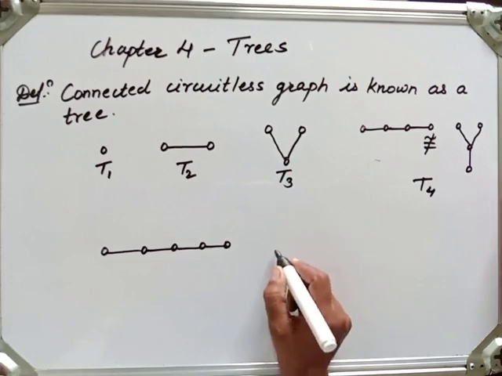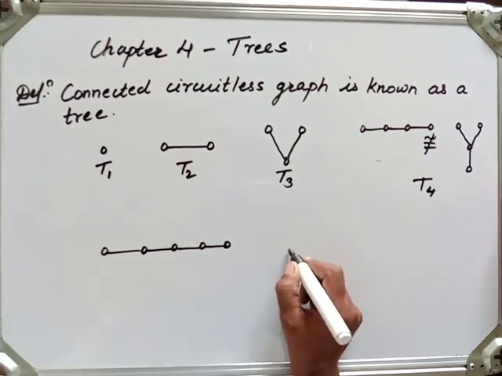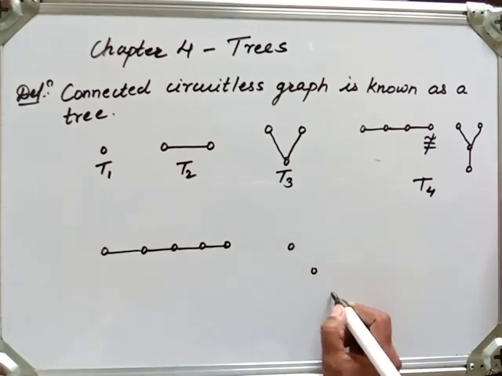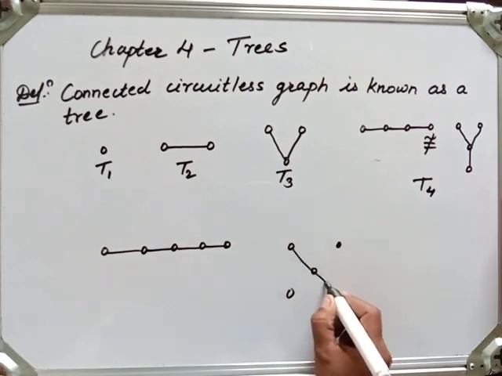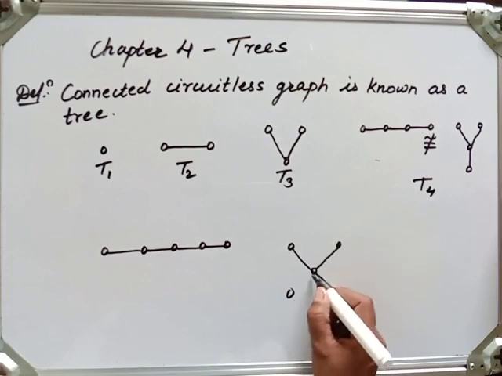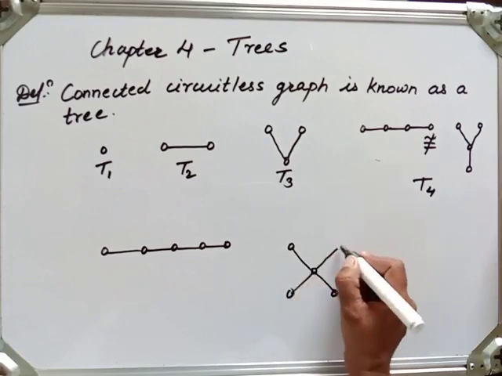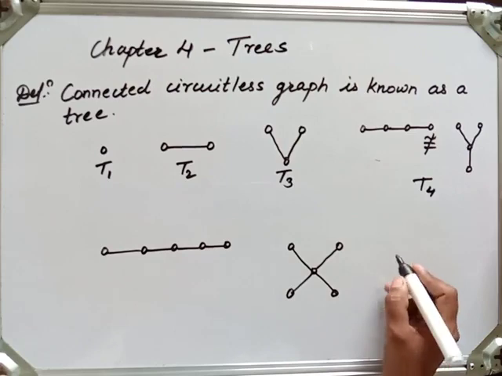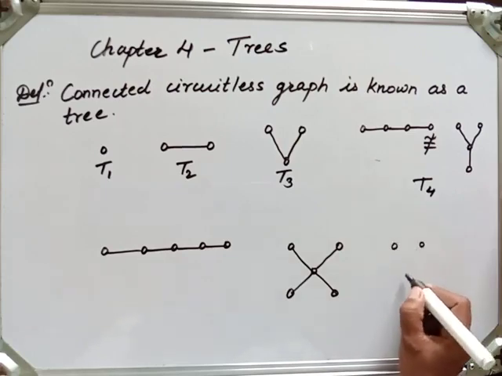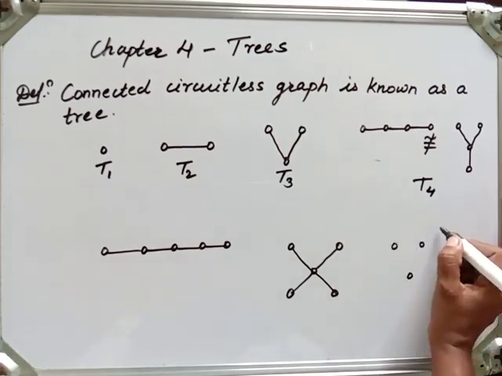And another way of forming a tree with 5 vertices can be done as such. This one is also another way. Here is another example of a tree with 5 vertices, a connected, circuitless graph. Also we can do it as such.